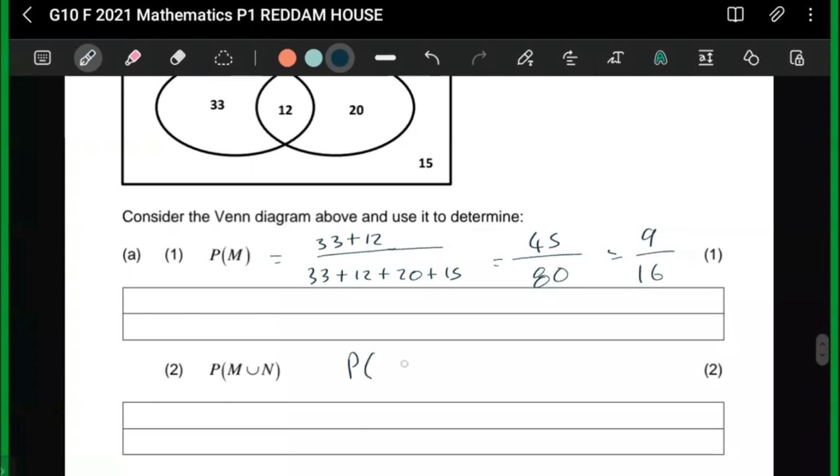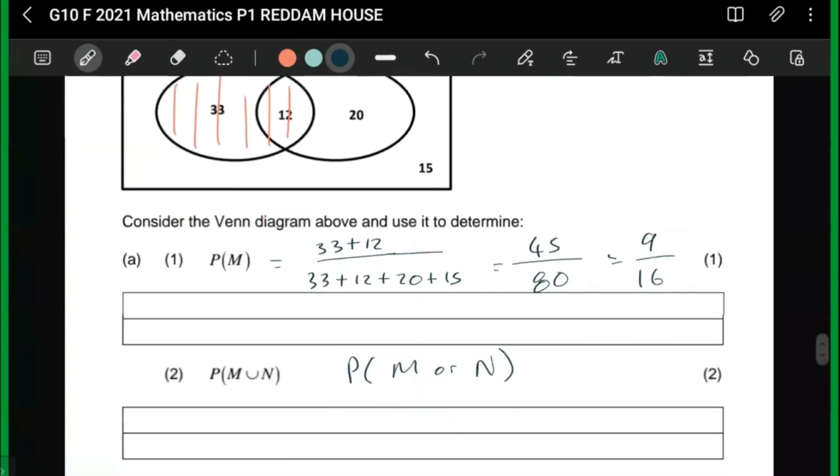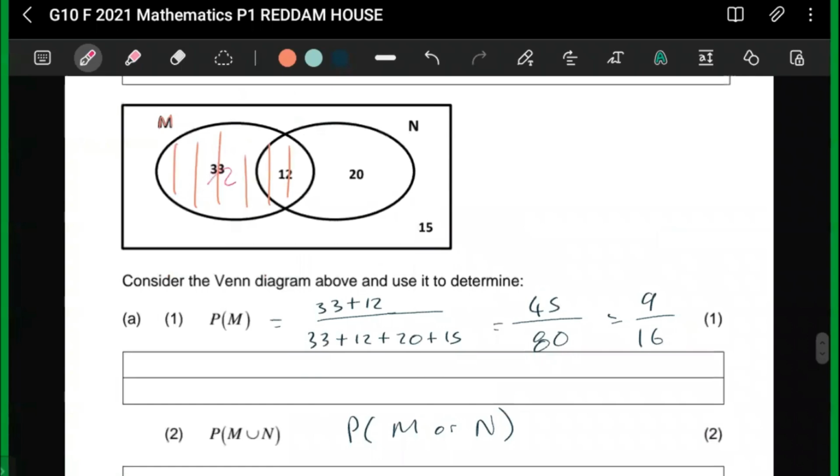This is asking the probability of M or N. When they ask for the probability of something or something, firstly, the probability of M would be all this. And then the probability of N, if they say the probability of M or N, what you do is you consider everything where M is, you consider everything where N is, you see.